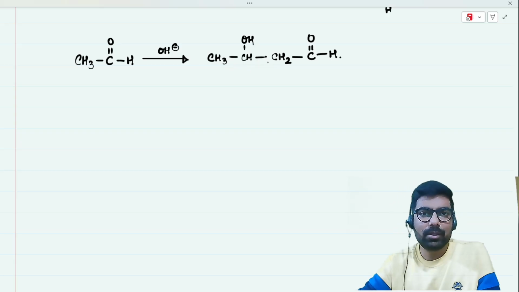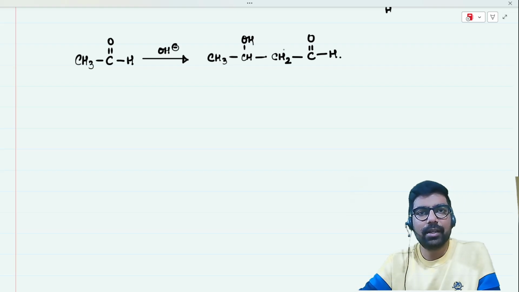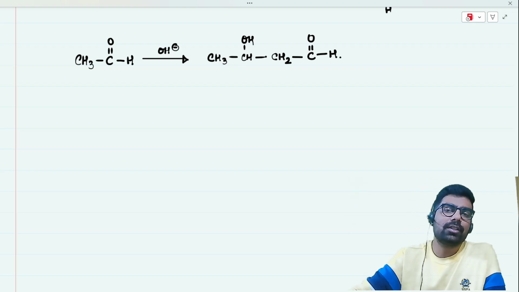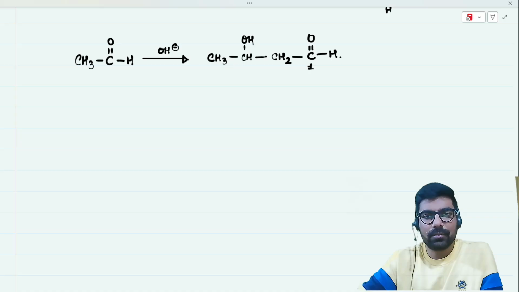Now if we do the normal nomenclature, what is this? This is an aldehyde group and the OH is there, right? So we know that the first priority goes to the aldehyde. So we start numbering from this: 1, 2, 3, 4.